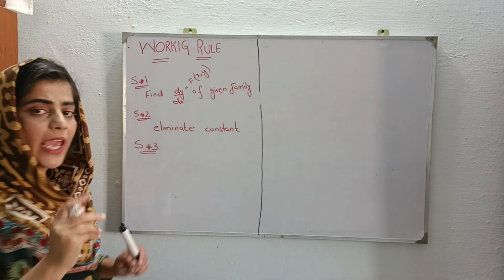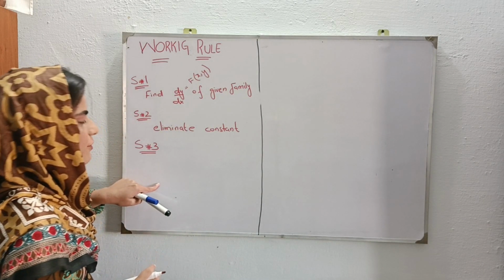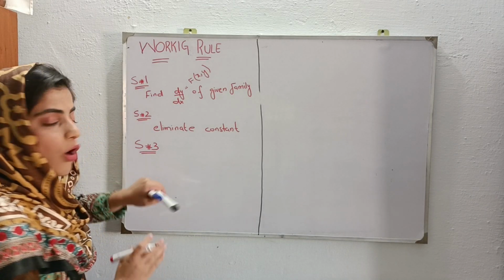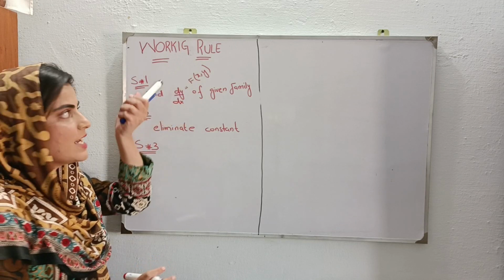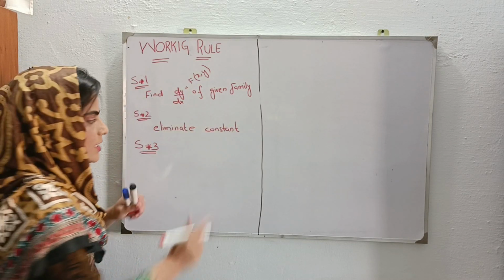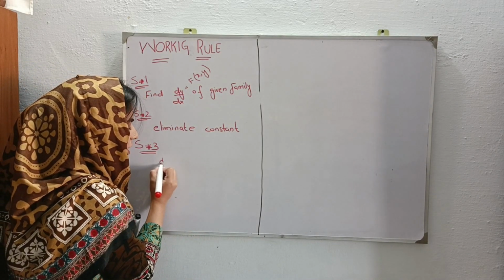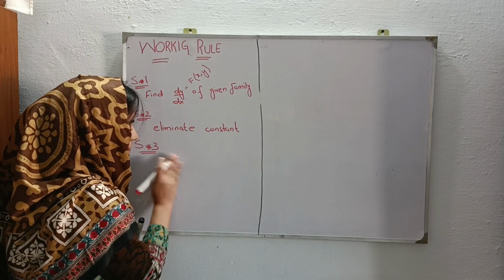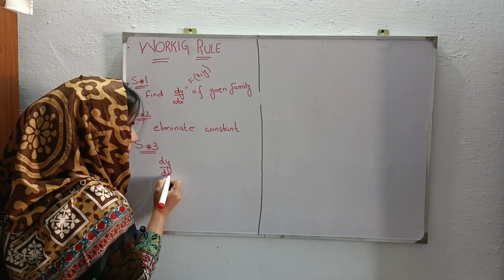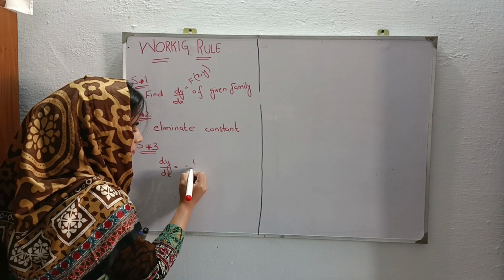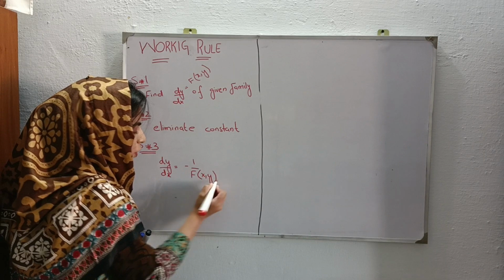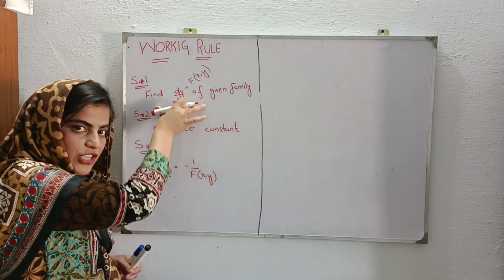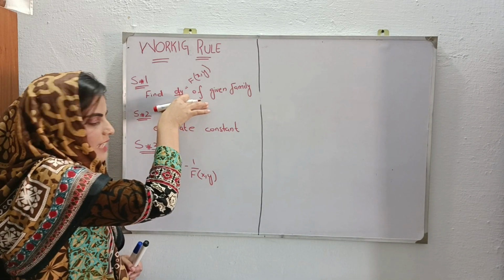Now, in step number 3, you have to calculate the orthogonal trajectory of this family of curves, which was given to you in the question, right? So how will you calculate it? Using this formula. What is it? This is the differential equation you found in your first step, right?